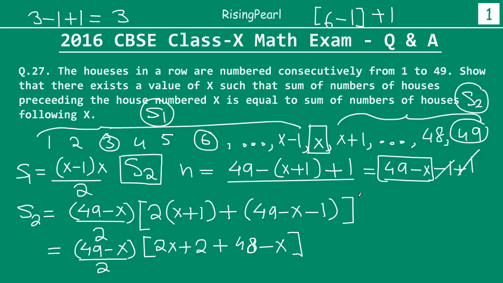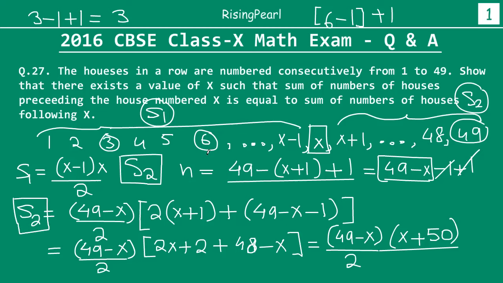Then we will have 49 minus x by 2 times, so 2x minus x will be x, and for our 2 plus 48 will be 50. So what we have here is 49 minus x times 50 plus x, divided by 2. So this is S2.